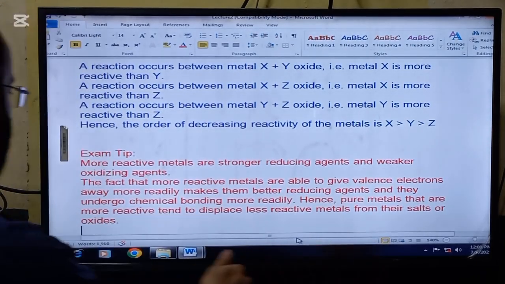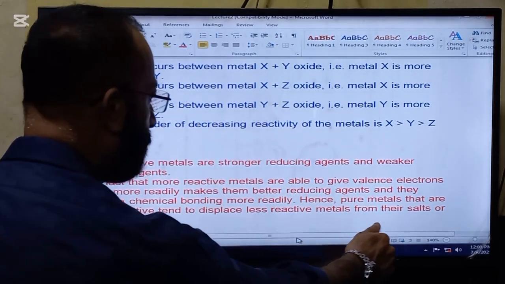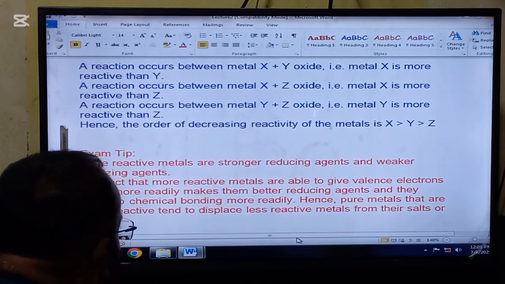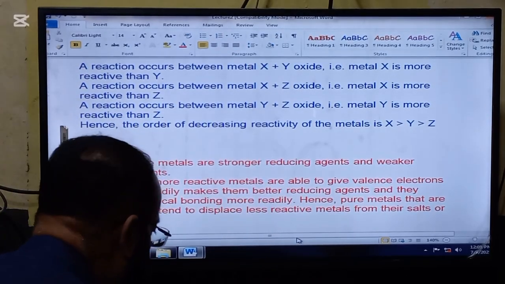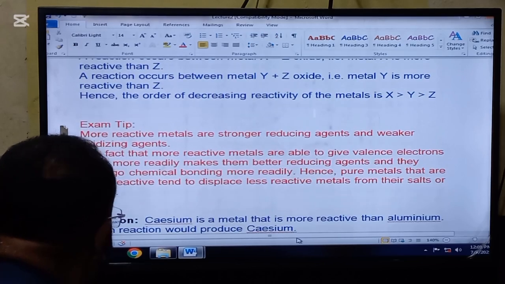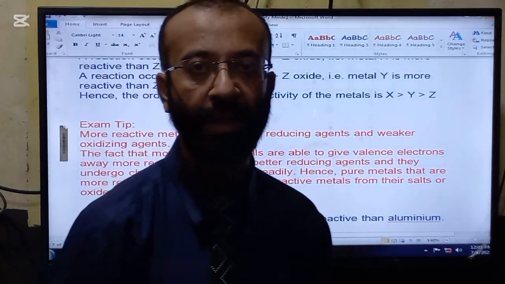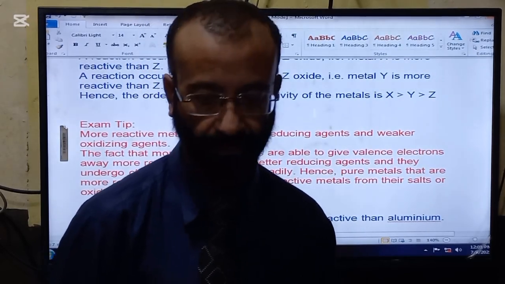Hence, pure metals that are more reactive tend to displace less reactive metals from their salts or oxides. This is the reason: because they have a high tendency to lose valence electrons, they kick out the less reactive metal from their salts or oxides.